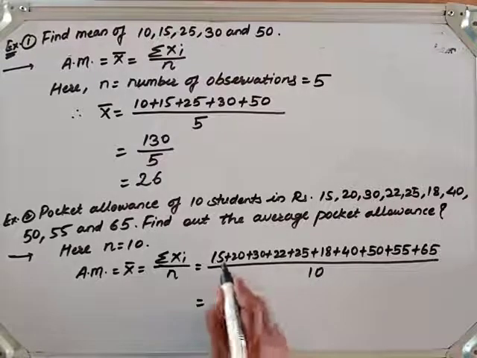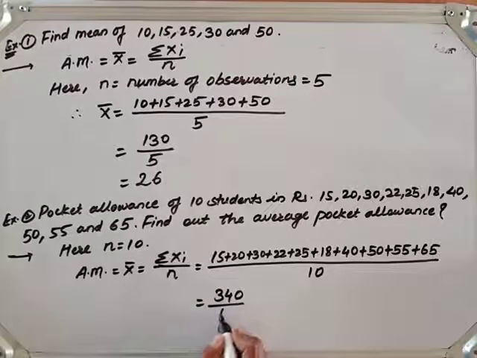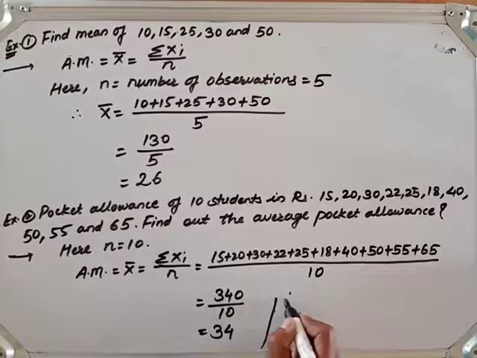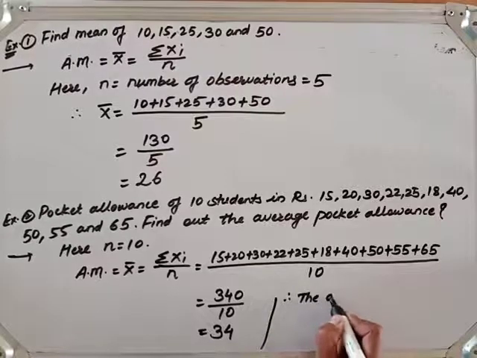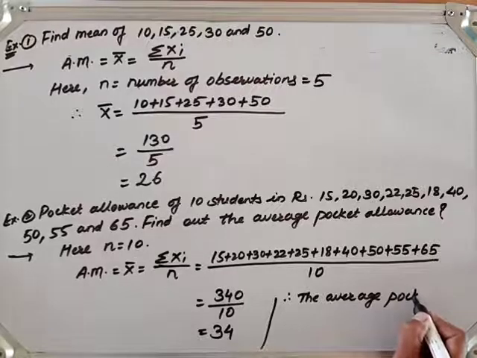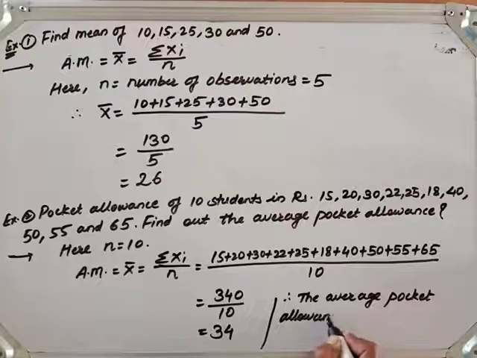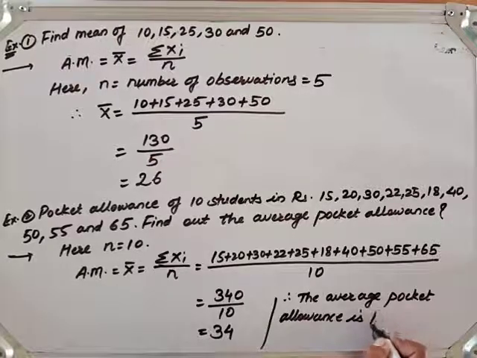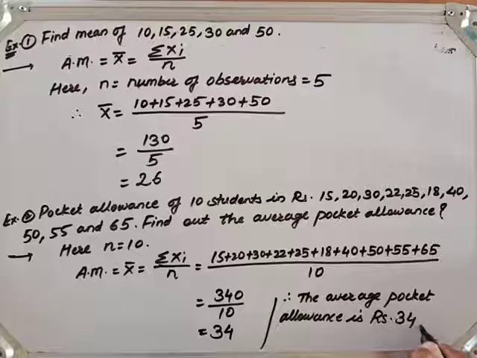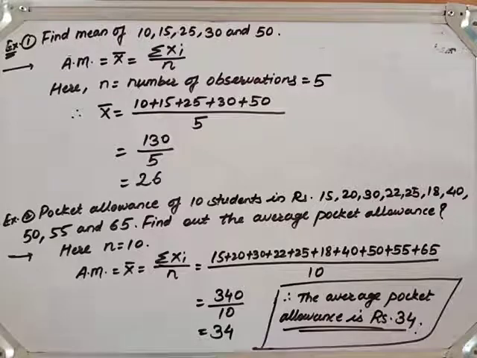Adding these we get 340 upon 10, so it will be 34. Therefore the average pocket allowance is rupees 34. This is our answer here.